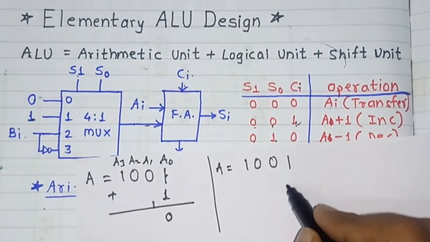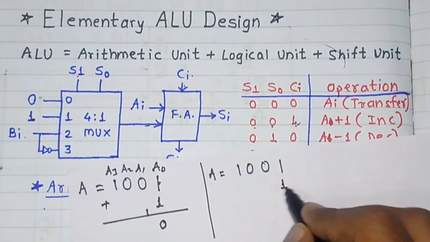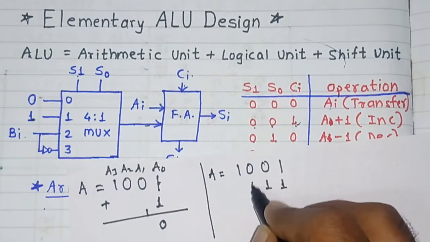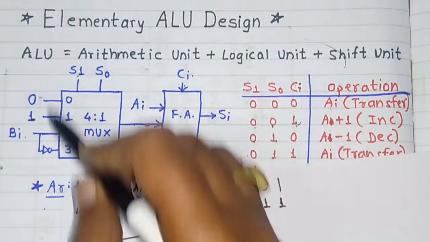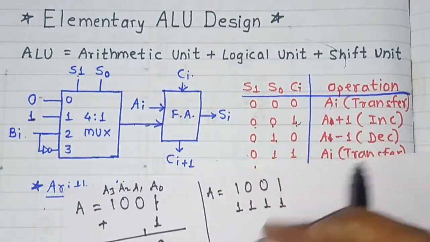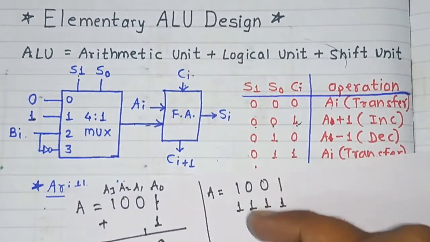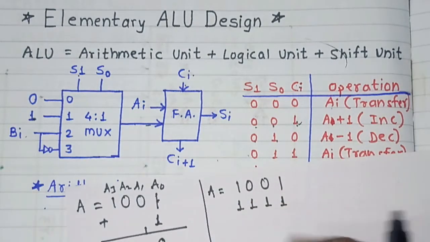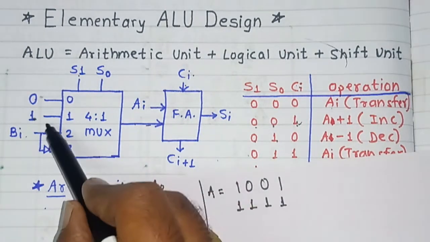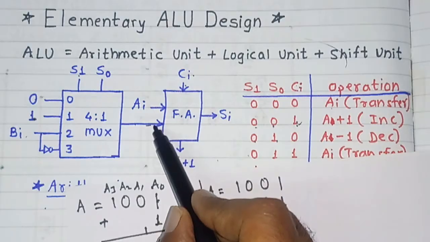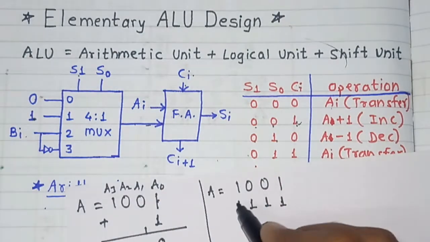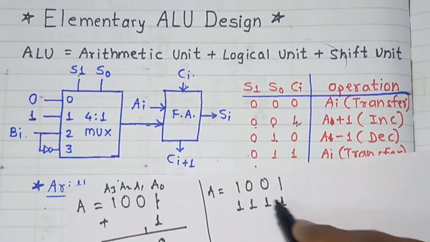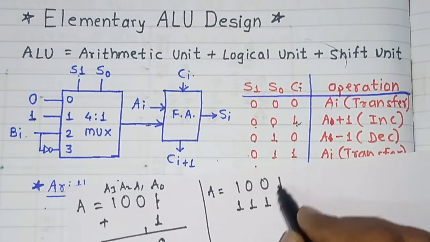If you consider this circuit for only one bit, and we want to perform a 4-bit decrement operation, then this 1 will be added with the individual bits of A. So this 1111 will be added with this A value.